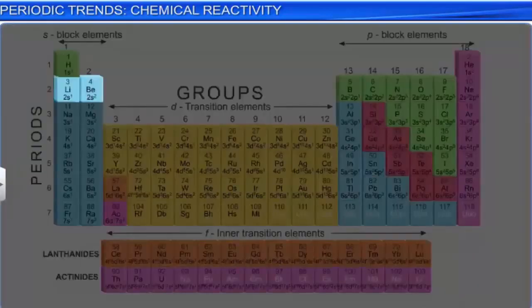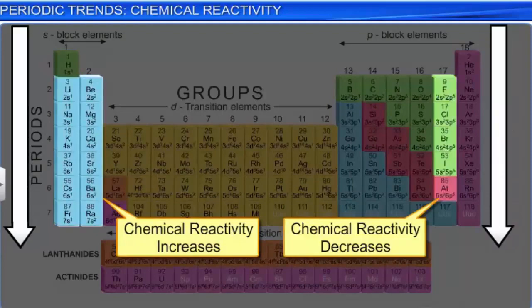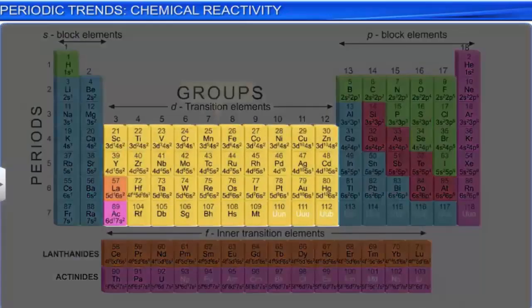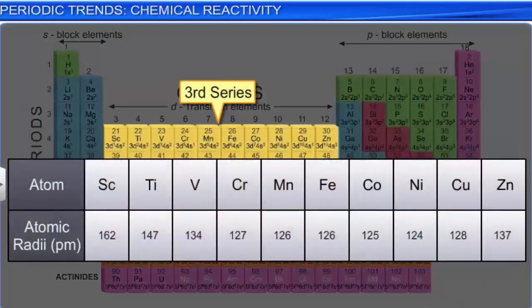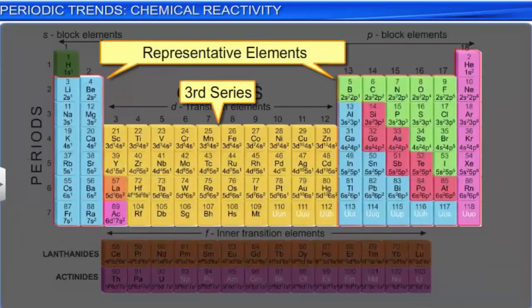Therefore, the chemical reactivity increases down a group for alkali and alkaline earth metals, while it decreases for halogens down the group. In the transition metals in the third series of the periodic table, the change in atomic radii is much smaller as compared to those for representative elements across the period. Similarly, the inner transition series 4f and 5f elements show even smaller variation in atomic radii.